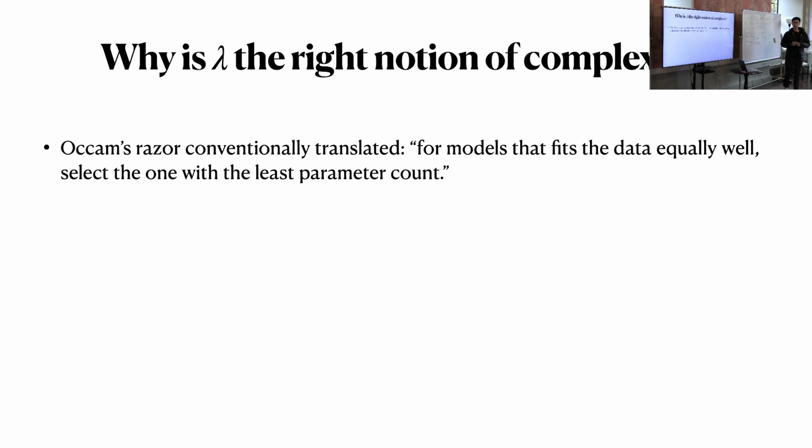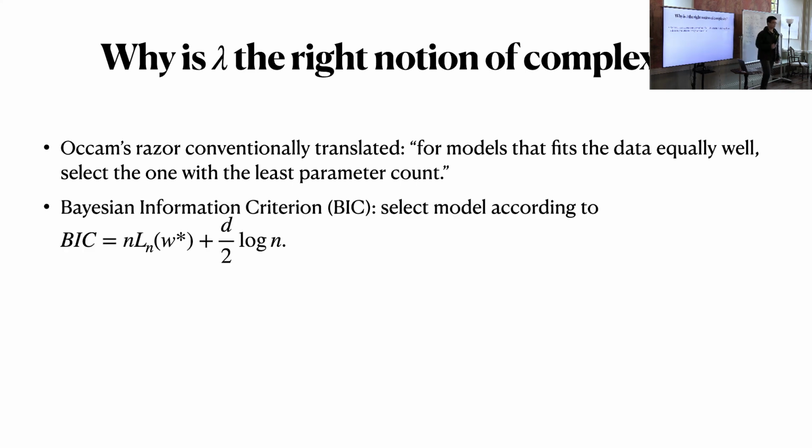The principle of parsimony, or Occam's razor, is conventionally translated into: for models that fit some data equally well, choose the one with the least parameter count. This is a very modern translation of a very old principle, in the context of statistical learning.